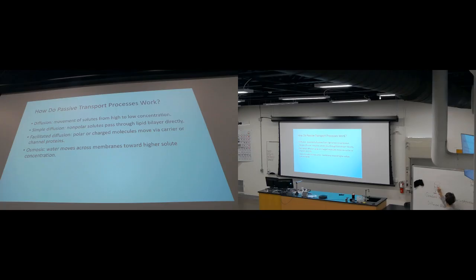It's going to get the water that moved from A to B. And this is how we regulate our water concentration in our body and the compartments where it's located.